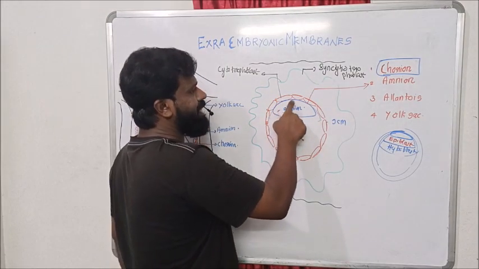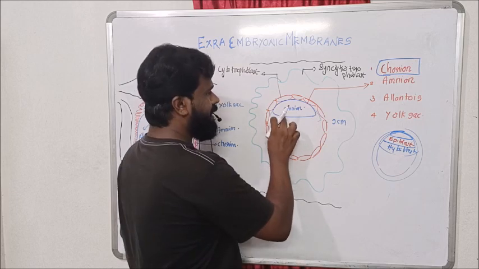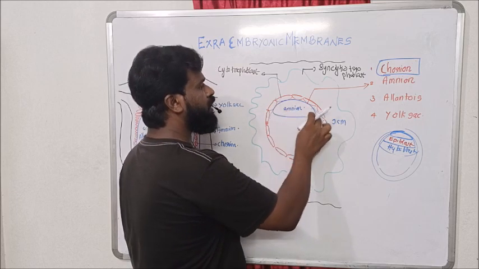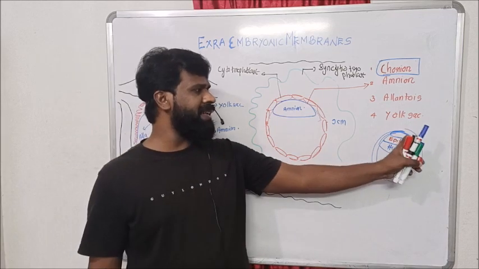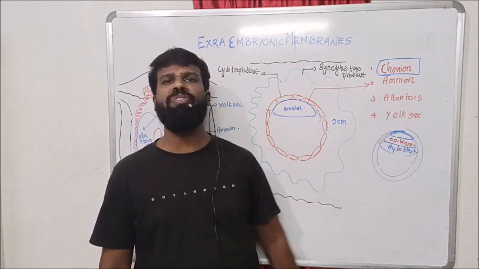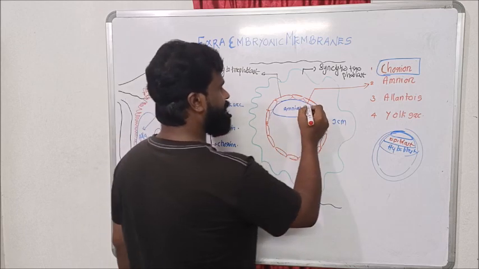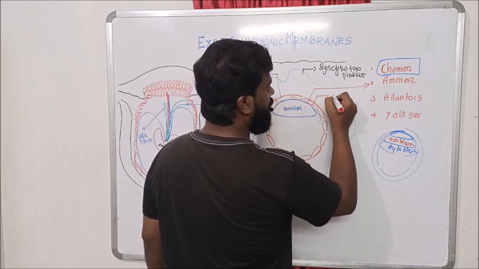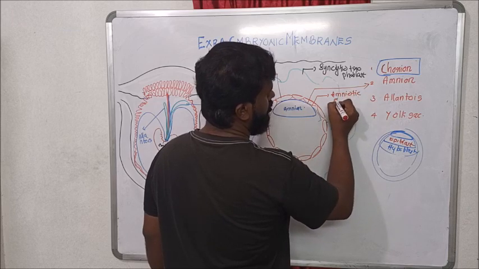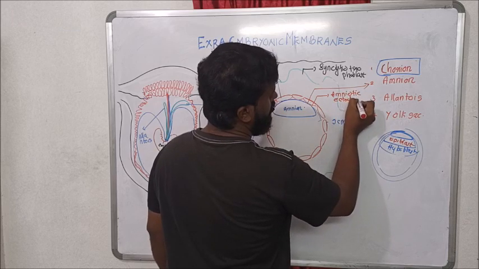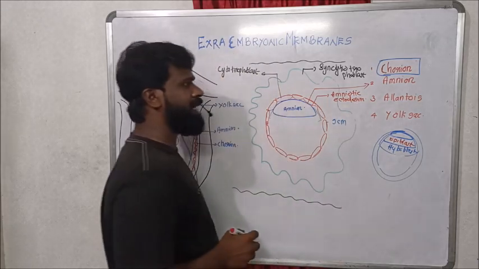See, this cavity is the amniotic cavity, and this is the amniotic membrane. Actually, this amniotic membrane is nothing but the ectodermal cells of the epiblast. So this membrane is known as amniotic ectoderm.